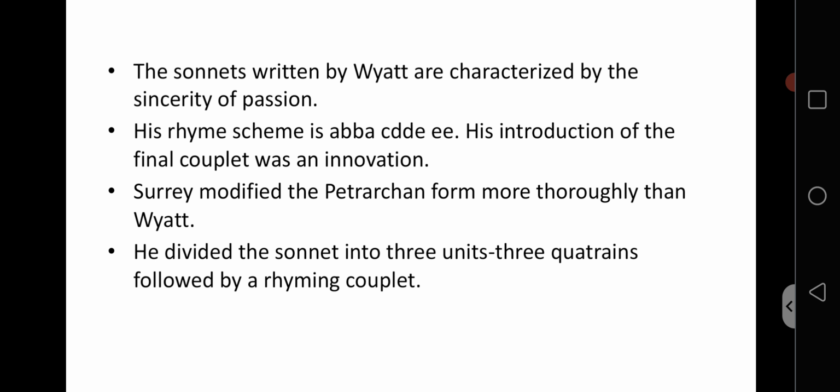Now when we study his sonnets, his rhyme scheme is A, B, B, A, C, D, D, E, E, E. Rhyme means end rhyme.